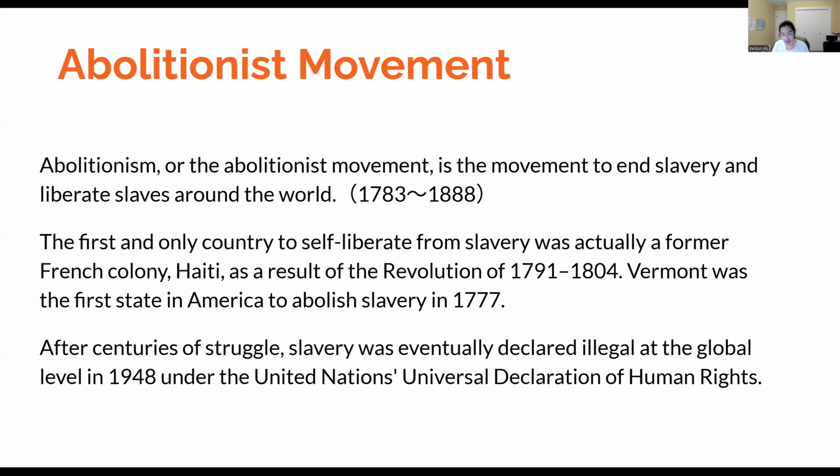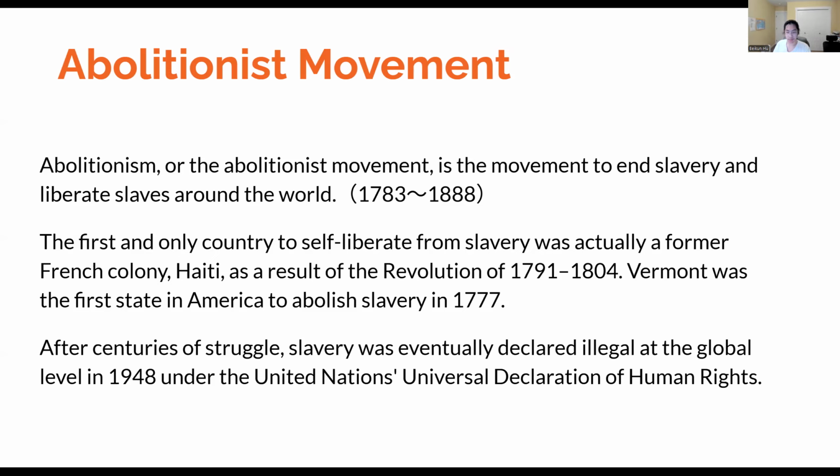The United States passed the 13th Amendment in December of 1865 after the Civil War, which basically ended slavery. However, there was a part that said except as punishment for a crime. So take that as you will. And in 1888, Brazil was the last country in the Americas to outlaw slavery.